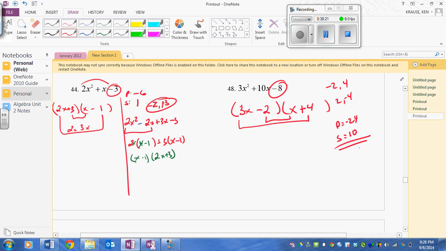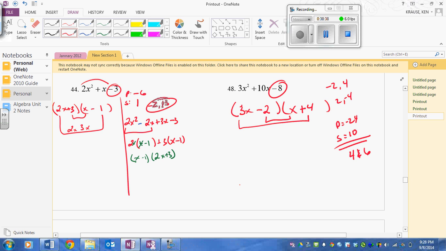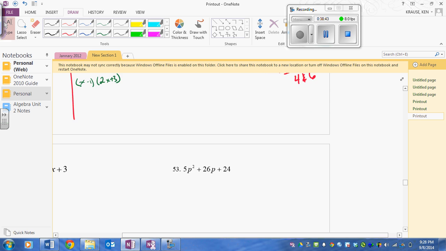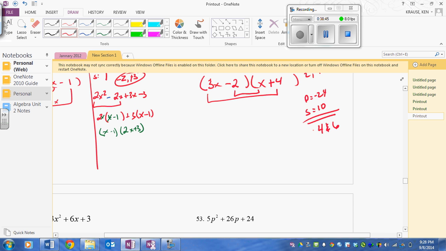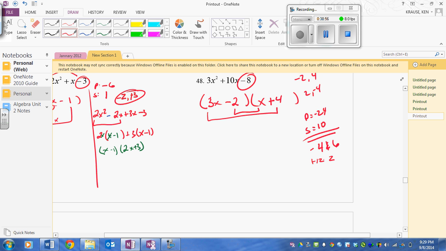I don't think those are going to work because one of them has to be negative. So how about negative 12 and positive 2, or positive 12 and negative 2?